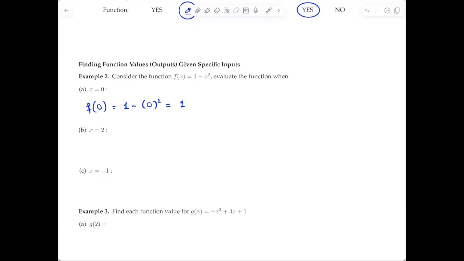Now in part B, x equal to 2, again, you use the same function, f of x equal to 1 minus x squared. Anywhere you see x, you replace that by 2. So f of 2 equal to 1 minus 2 squared, or 1 minus 4 equal to negative 3.